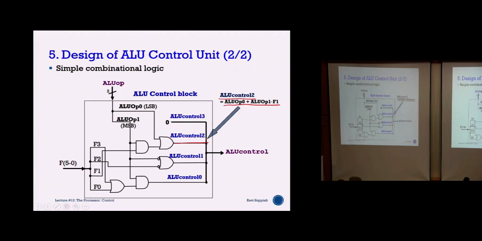The 2 inputs are ALU op 0, which is coming from ALU op bit 0, and the other one is your op 1 here. Do an AND operation with my F1, and both of these are combined with the OR gate. That's how the whole hardware block comes about.